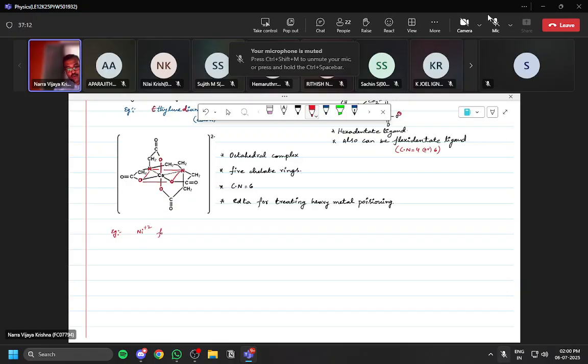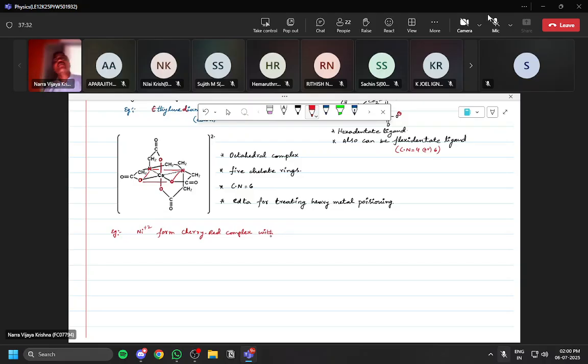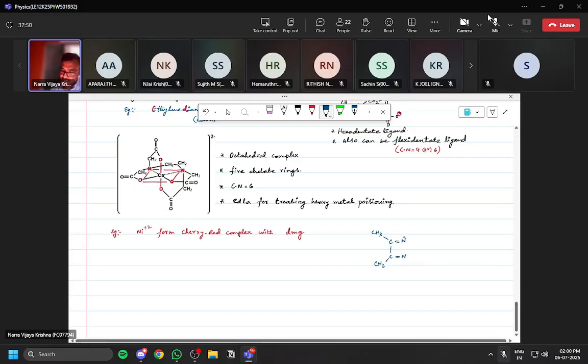Ni2+ forms a cherry red complex with dimethylglyoxime, DMG. DMG means CH3, C, again C, CH3, double bond N, O minus, OH.